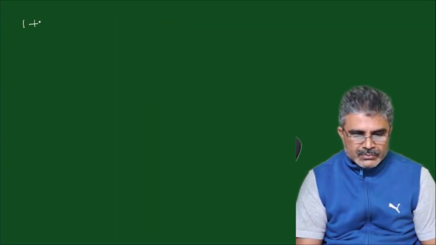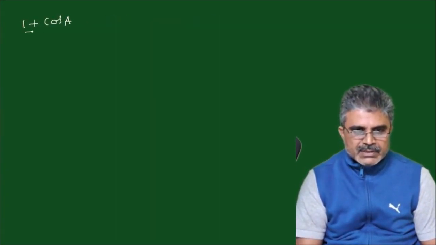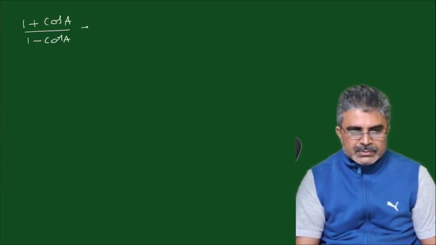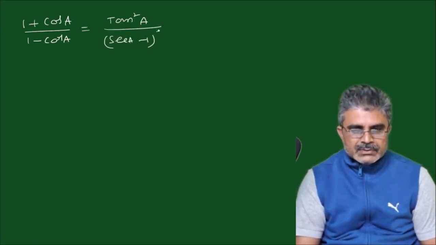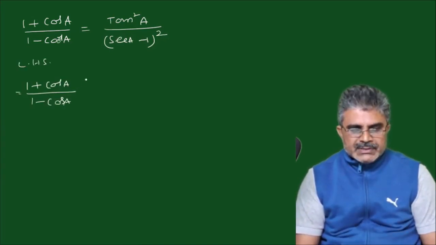Our next question is 1 plus cos A divided by 1 minus cos A should be equated to tan square A divided by secant A minus 1 whole square. So consider the left hand side.